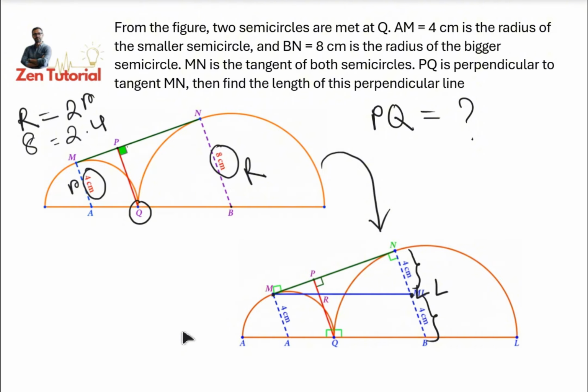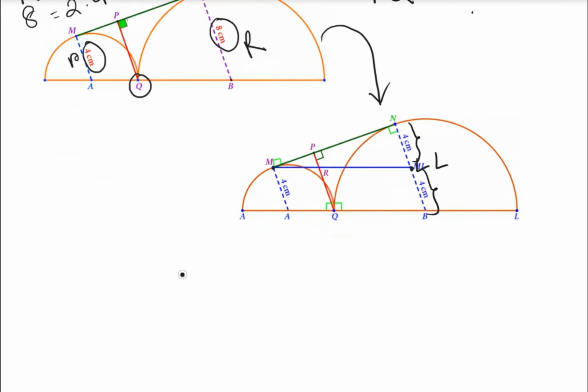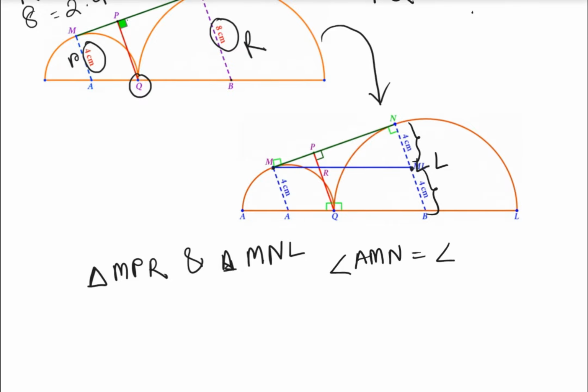Now, if we focus on two triangles, triangle MPR and triangle MNL, in these two triangles, angle MNB is equal to 90 degrees.